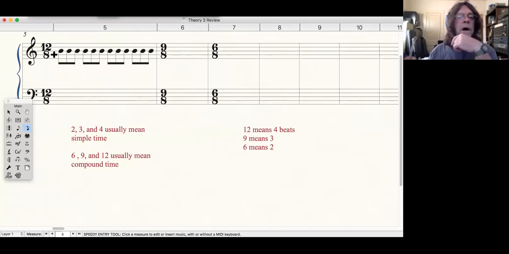See, here's beat 1, 1 and, here's beat 2, 2 and, here's beat 3, 3 and, and then here's beat 4, 4 and. So we have 12 8th notes. But since it's in compound time, that lower number always means what gets the subdivision of the beat.